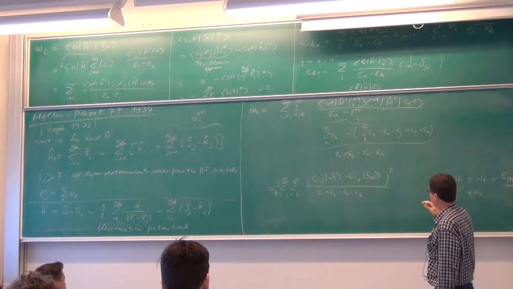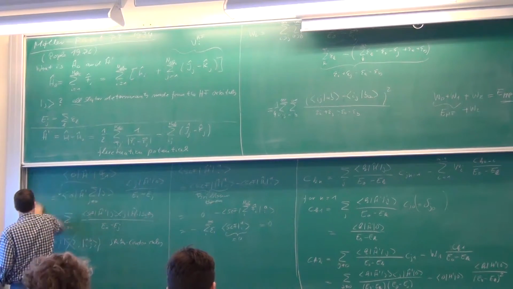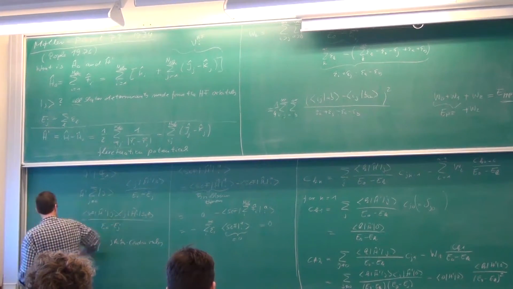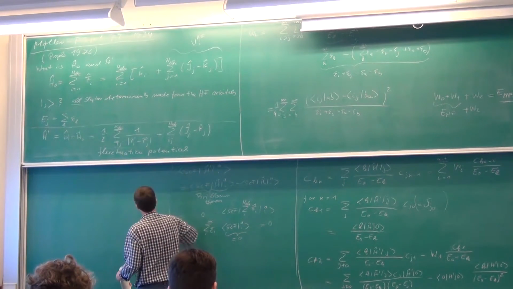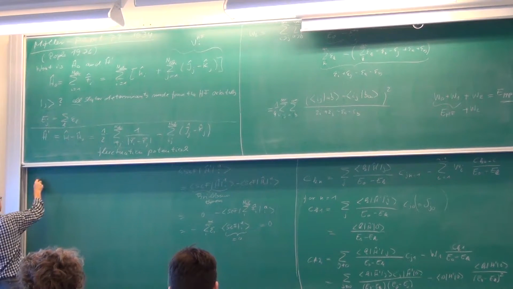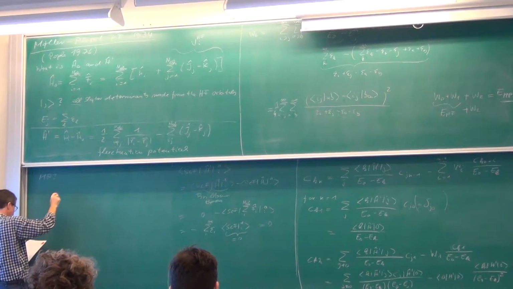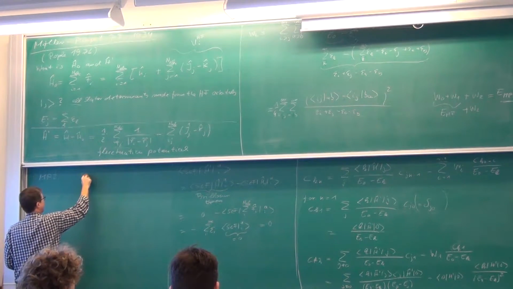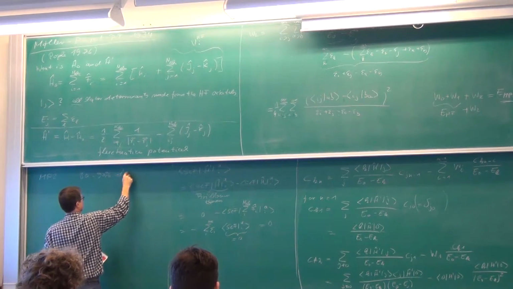Now, MP2 is the first one. The next step would be including a third order correction. That would be called MP3. By the way, MP2 gives you typically 80 to 90% of the correlation energy.